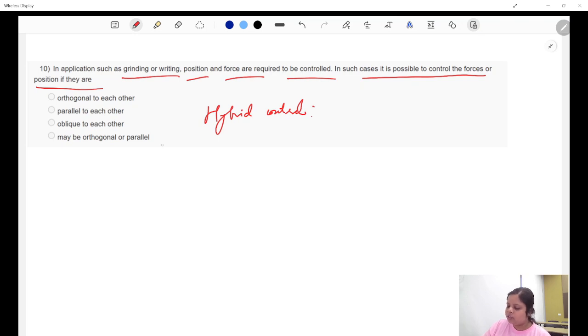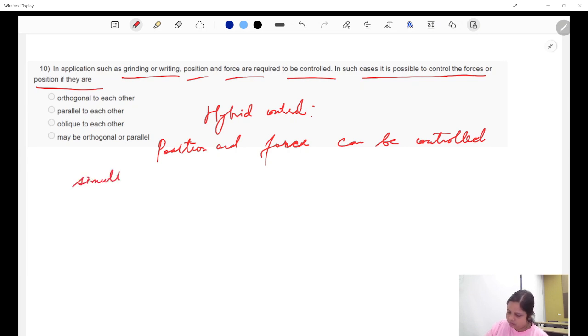Main point is position and force can be controlled simultaneously, but not in the same direction, right?